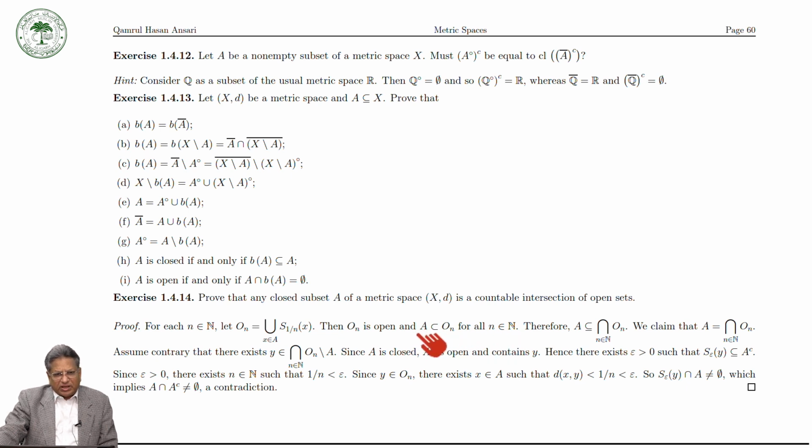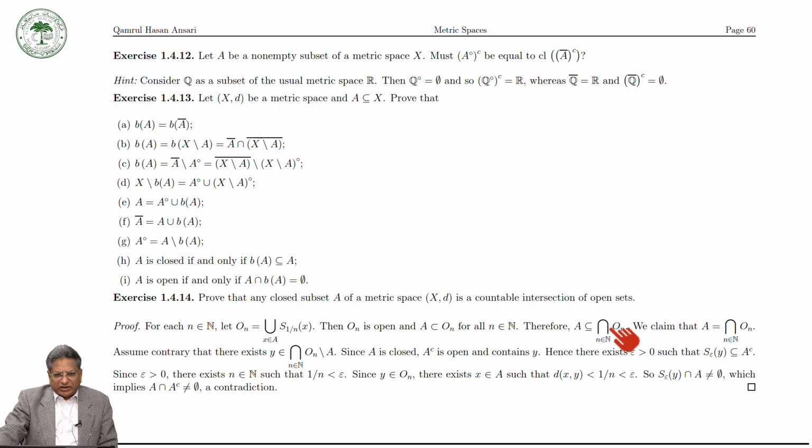So A must be a subset of the intersection of all O_n, where the intersection is over all natural numbers. Now we claim that A is nothing but equal to this intersection.